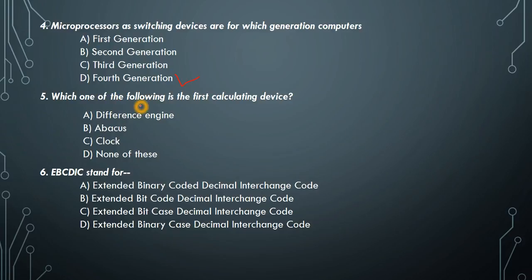Now the next question is: which one of the following is the first calculating device? The first calculating device was the Abacus. Now, EBCDIC stands for: E for Extended, B for Binary, C for Coded, D for Decimal, I for Interchange, and C for Code. So this is the right answer.